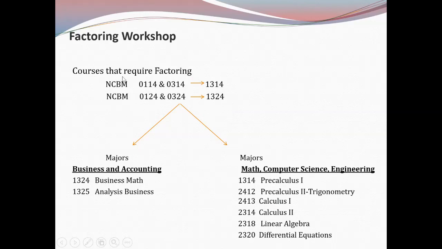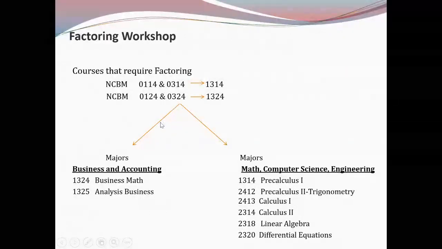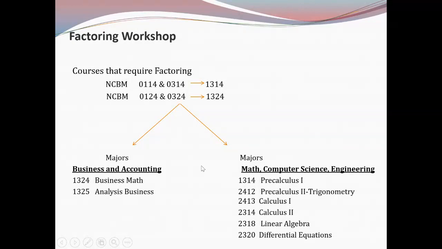For example, these are the courses that require factoring. They start with the NCBN, which is 0114, which goes along with the 0314, which leads to 1314. Then the NCBN 0124 and 0324, they lead to the 1324. Factoring is required on both of these majors.